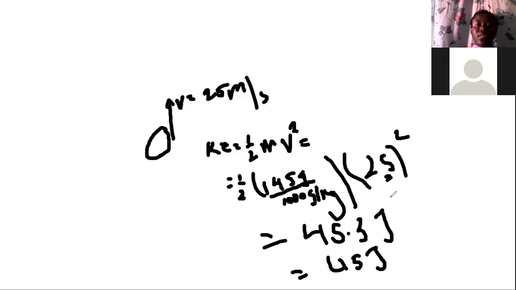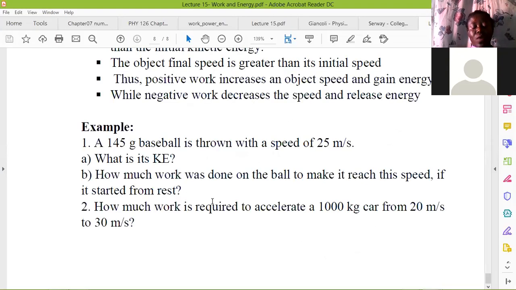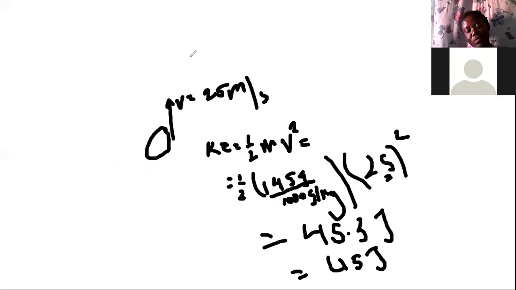Then the second question is how much work was done on the ball to make it reach this speed if it started from rest. If this was the final speed and the ball started from rest, it was not moving, which means the initial velocity at rest is equal to 0.